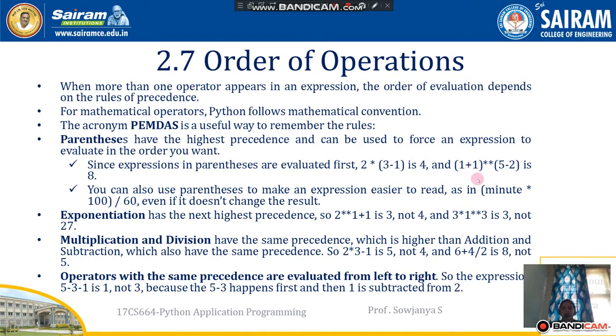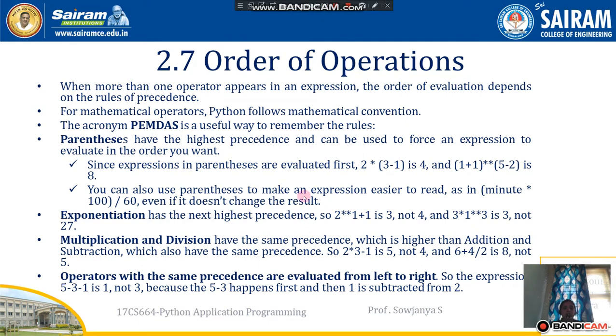In a similar way, when you have multiple parentheses, you go with left to right associativity. So 1 plus 1 is performed first, and then 5 minus 2. 1 plus 1 is 2, and then 5 minus 2 is 3. So it gives 3 power 2, which is 8. Okay, so that is the order of evaluation.